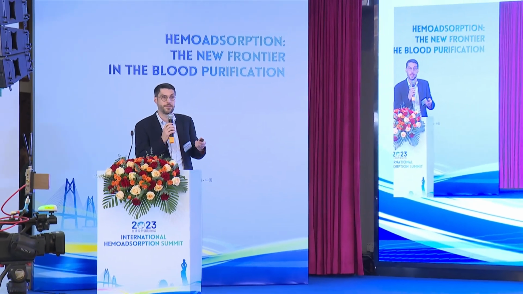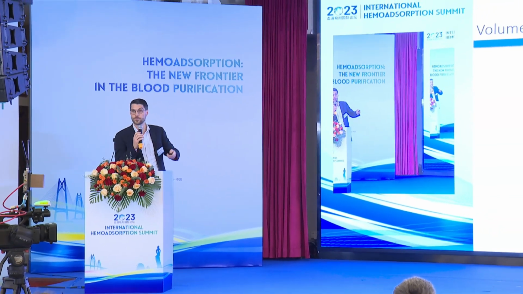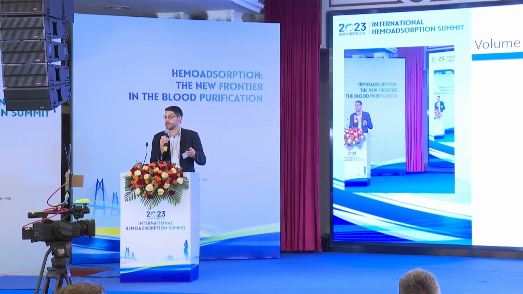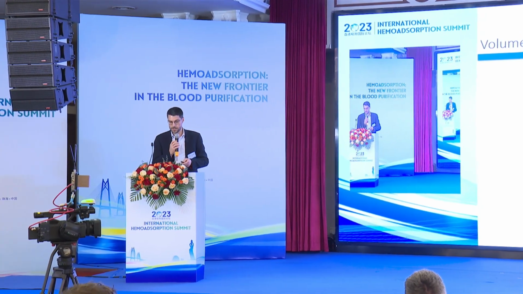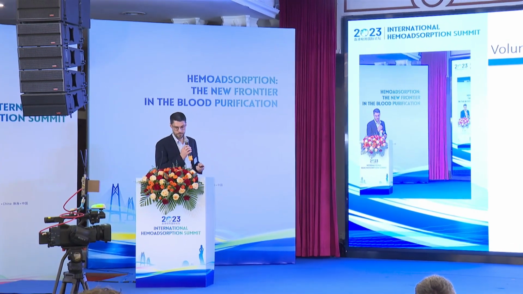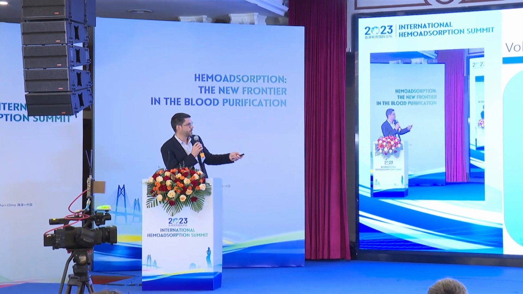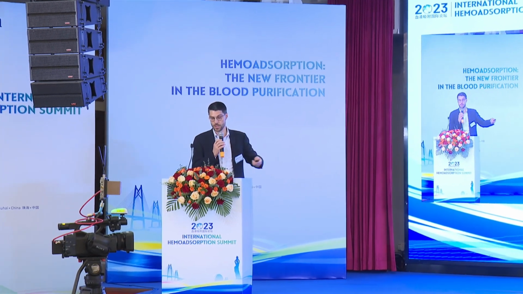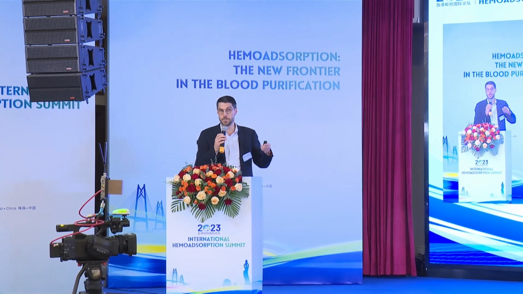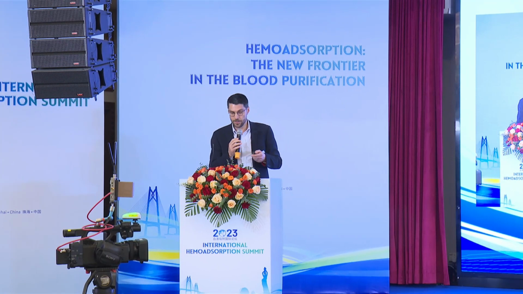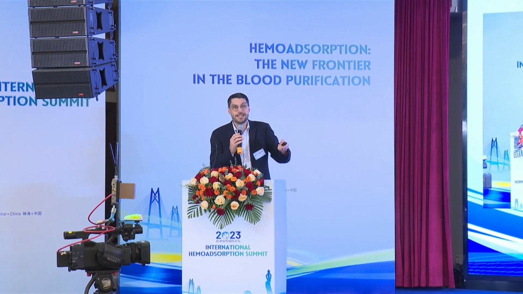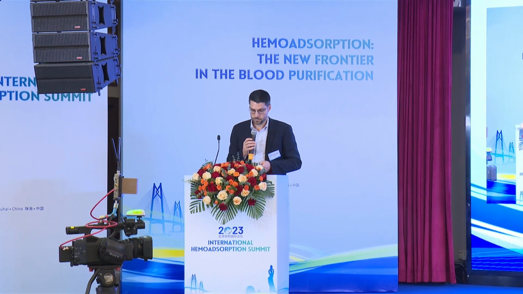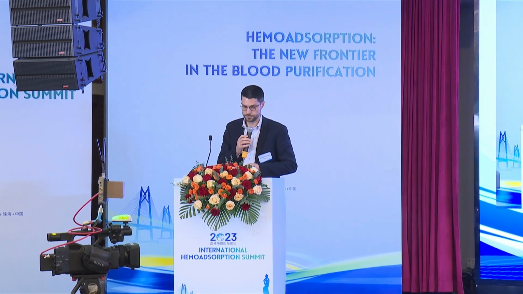Here you can define the 2 big types of drugs: the hydrophilic drugs, which are diluted only in the extracellular water, as opposed to the lipophilic drugs, which are diluted in the extracellular water as well as the intracellular water. So they have a much bigger distribution volume, and therefore their ability to be removed by extracorporeal therapies is much lower for a given dose.